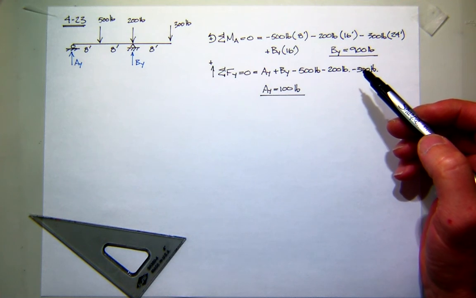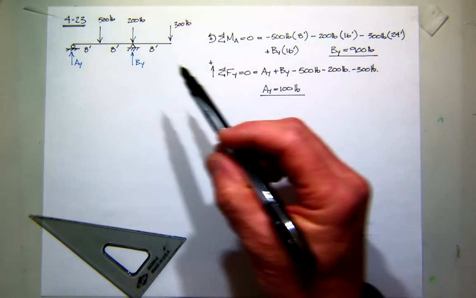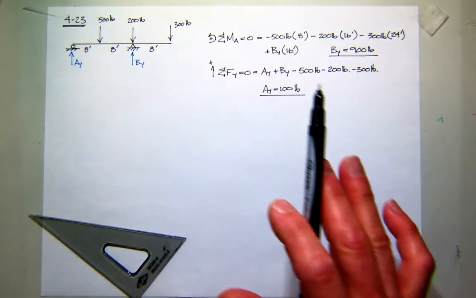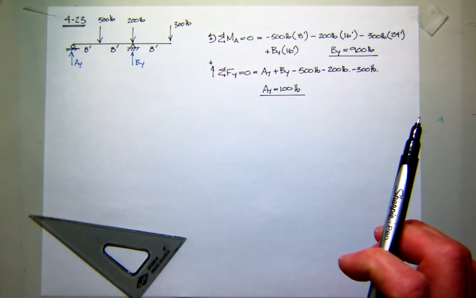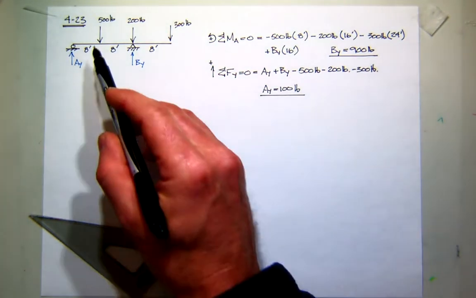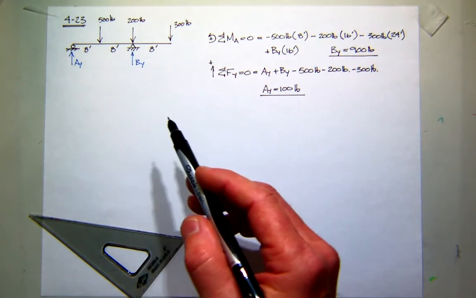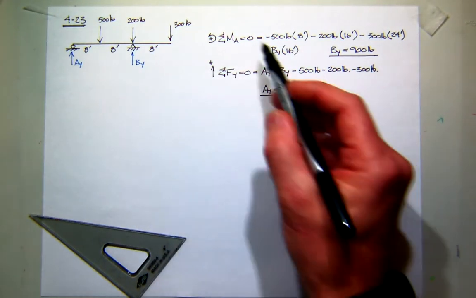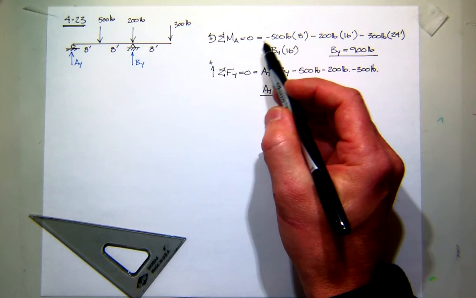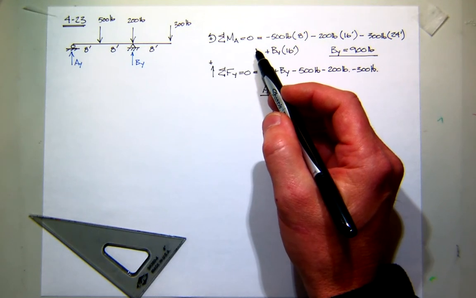So that's what I was saying, 300 wouldn't cause a moment about A because BY is sitting there. It's in equilibrium, right? So there is no movement at all. Right, but if you look at how each one would potentially rotate, the trick here is that you're balancing and saying that the sum is 0. That's a pretty powerful statement when you think about it.